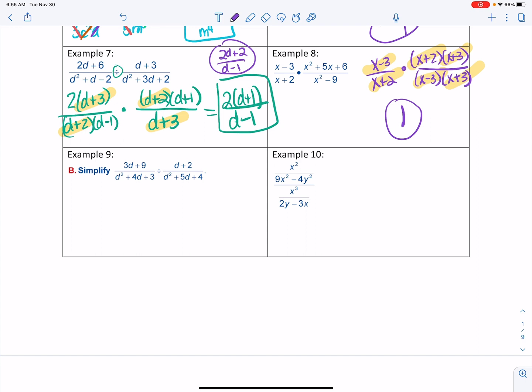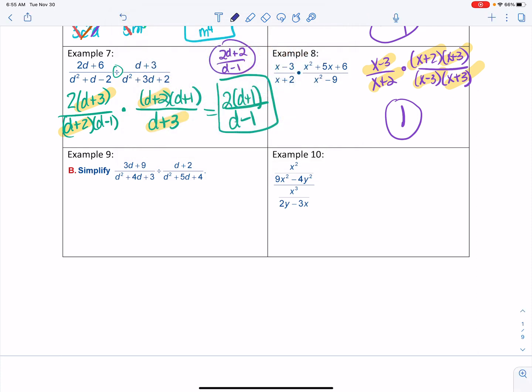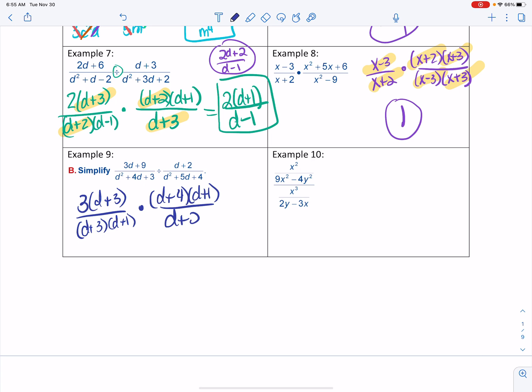All right, so I would like you to try example 9. Try it on your own, and then we'll work through it. Okay, you have to factor first. So take out a 3, and on the bottom that's d plus 3 and d plus 1. It's a divide, so I'm going to flip d plus 4 and d plus 1, and then on the bottom is d plus 2.